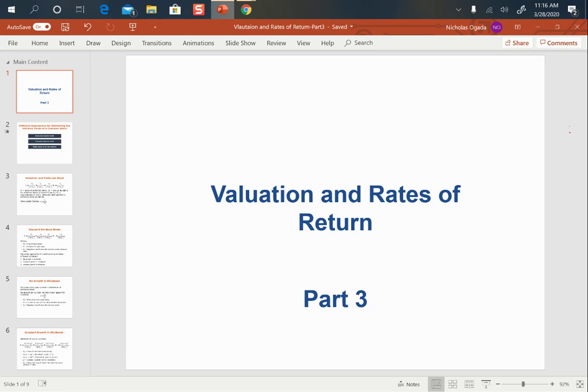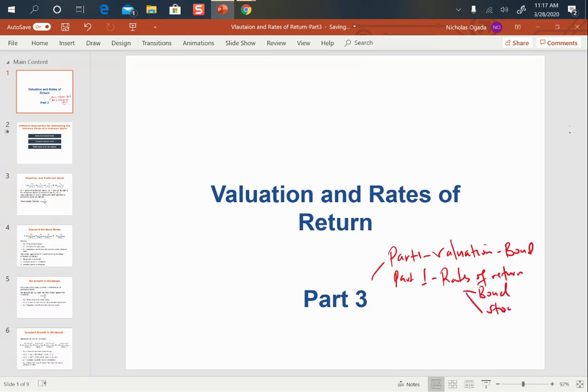So what I'm going to try to do in this presentation is to take you through how we value or price common stock and also preferred stock. If you remember, in part one of my presentation I looked at how we value bonds, and in part two I looked at the rates of return, on bonds and also on stocks.